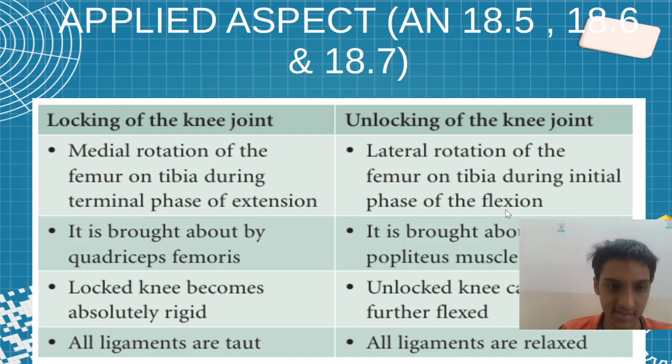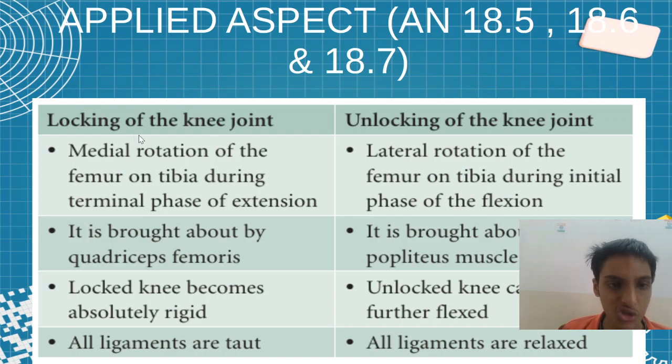What are the differences? If we know one of them, the other is exactly opposite. So just remember either one of these, either locking or unlocking. For example, locking, unlocking will be opposite.